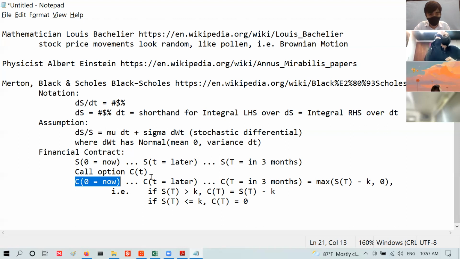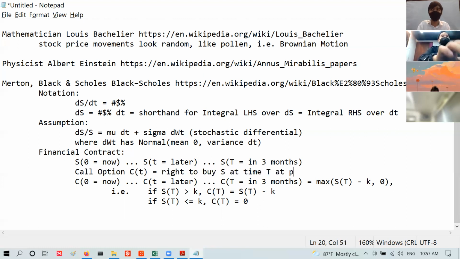C is the call option. C_T is the right to buy S at time T at price K. The question is, do you know what S is now?